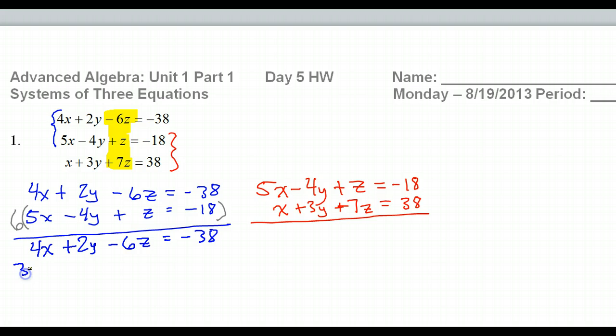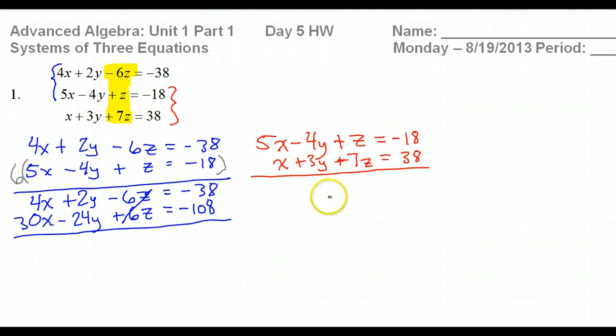And down here I'm going to have 30x minus 24y plus 6z equals negative 108. So when I go to combine my like terms, the z's cancel out as promised.